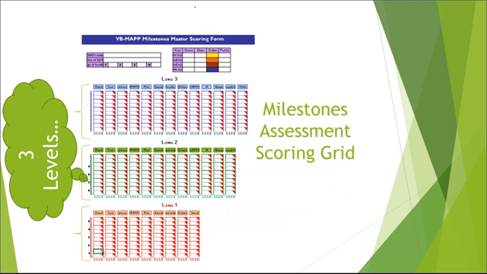So if you open up your protocol book, one of the first pages you'll see is called the master scoring form, or you'll also hear it called the scoring assessment grid, things like that. You'll notice that it's divided into 3 different levels. So we've got level 1 down at the bottom in red, level 2 in green, and level 3 in blue. Up at the top, it gives you some space to add in the child's name, the date of birth, and then the dates that they were tested is over on the right.